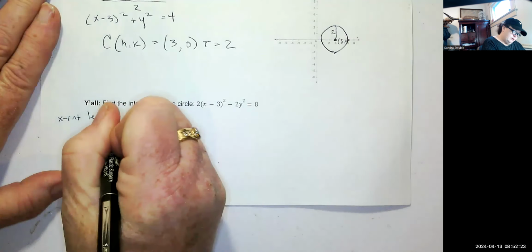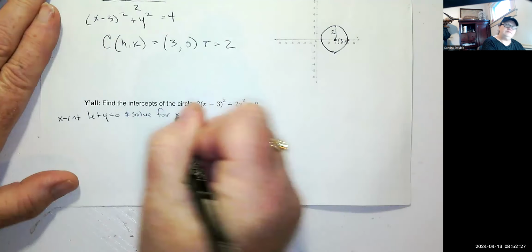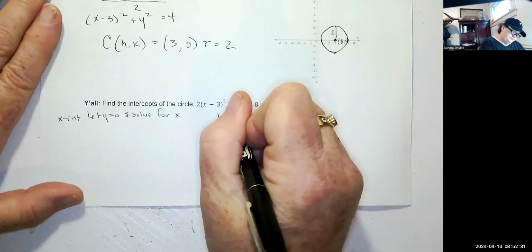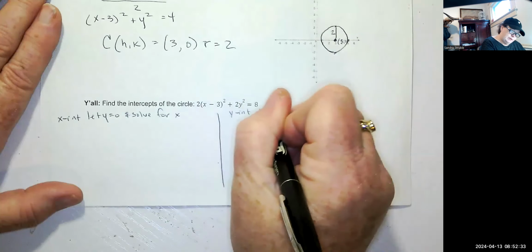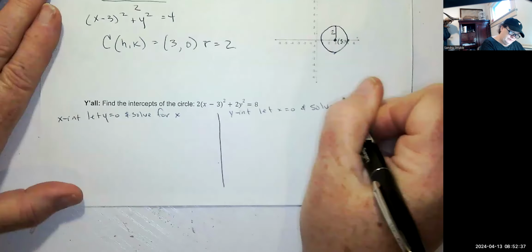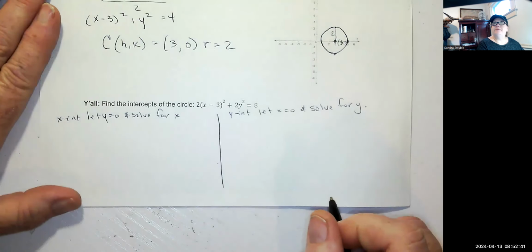You let y equal 0, solve for x. To find your y-intercepts, you let x equal 0 and solve for y. If you've not paused the video, please do so now and do this, okay?